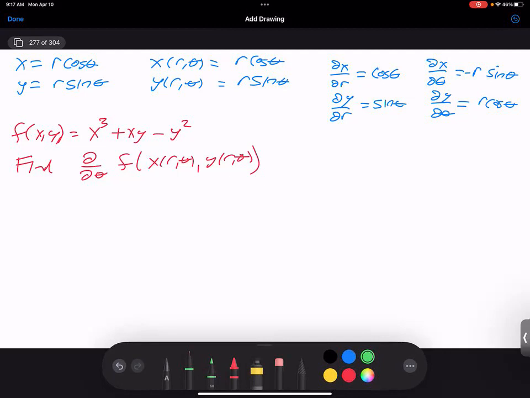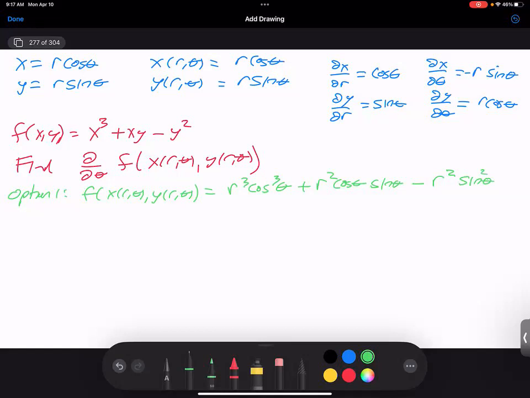So option one: f of x of r theta, y of r theta would be r cubed cosine cubed theta plus r squared cosine theta sine theta minus r squared sine squared theta.